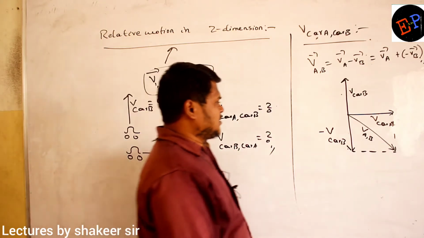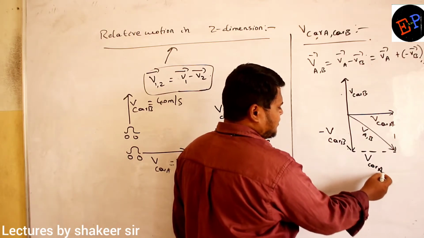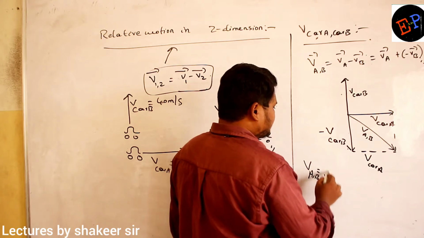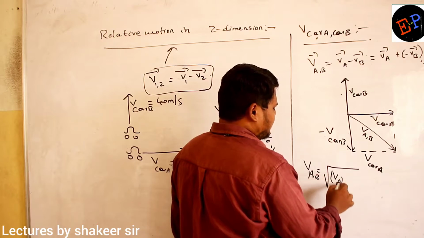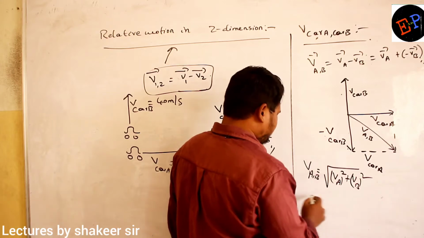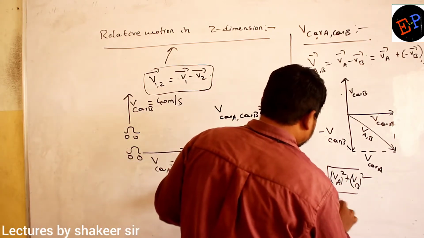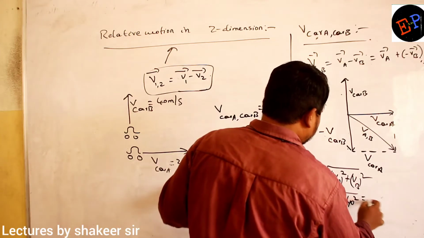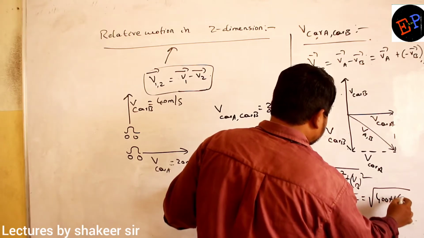So this is the velocity of car A. How can you take this resultant? VAB can be written as the square root of velocity of car A whole square plus velocity of car B whole square. Velocity of car A is 20, so 20 squared, and velocity of car B is 40, so 40 squared. 20 20s are 400, 40 40s are 1600.